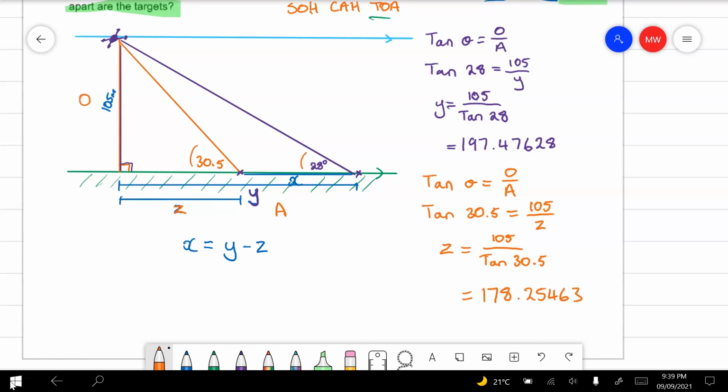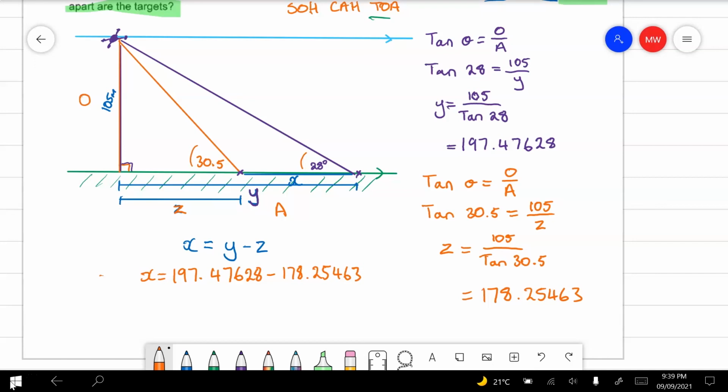And now we can solve it. So if we're looking for the distance and we've decided that X is going to be Y minus Z, then X will be Y, which was 197.47628, minus 178.25463.